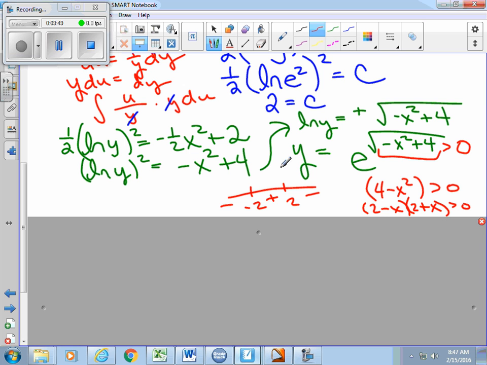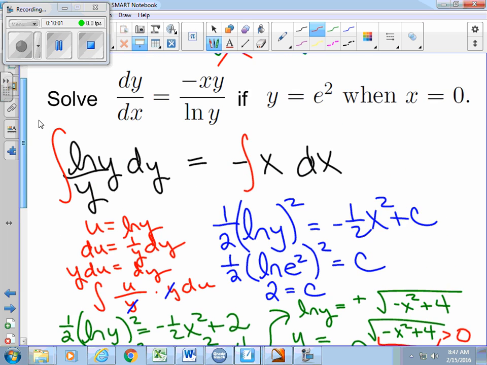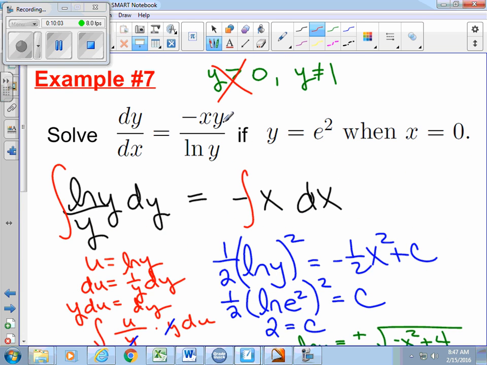We do need to talk a little bit. Did you miss why it can't be 0 also? I didn't really understand. Okay, so you know why it's got to be greater than 0, because square roots can't be negative. Then if we look up here, we said y couldn't be 1 because that would make this denominator 0.